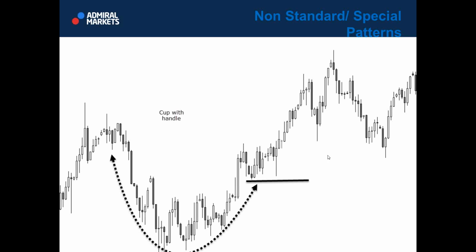Cup and handle, you can trade this pattern. It's tradable. So you define the cup and handle. This is the handle here, because you have these two trend lines which act as a handle. So how do you trade it? Simple. Wait for the breakout of the candle.